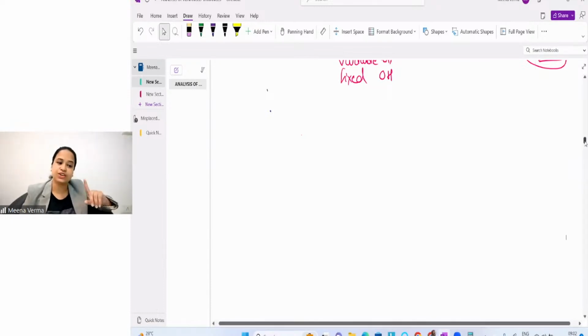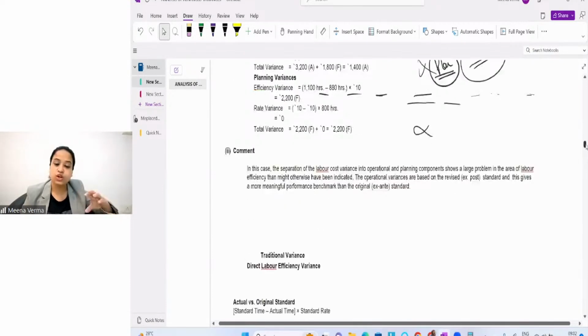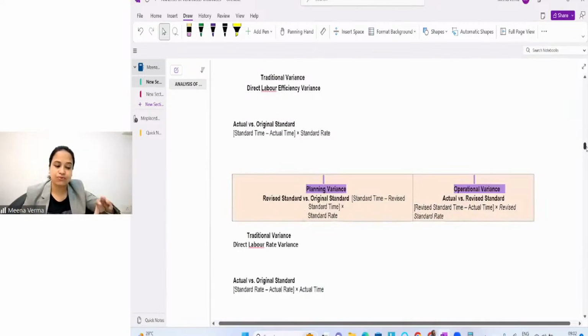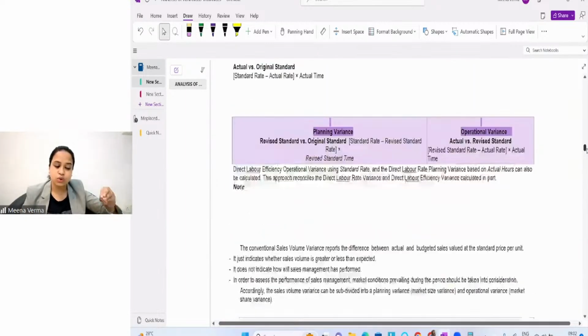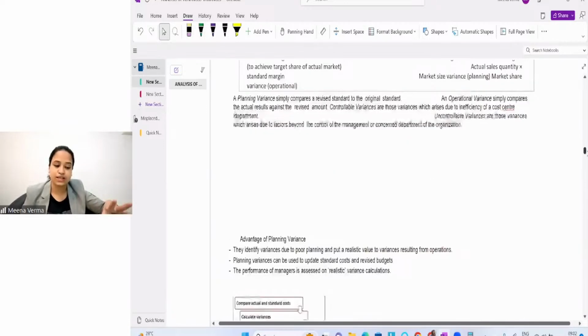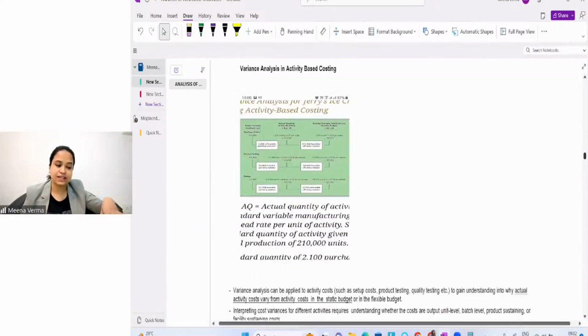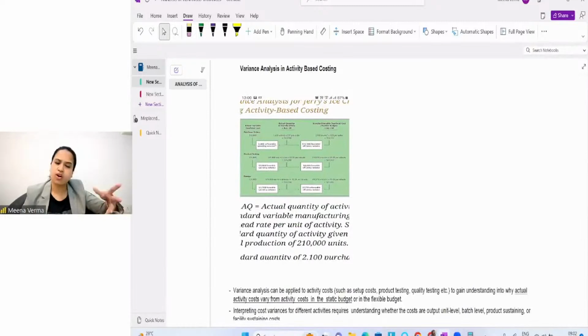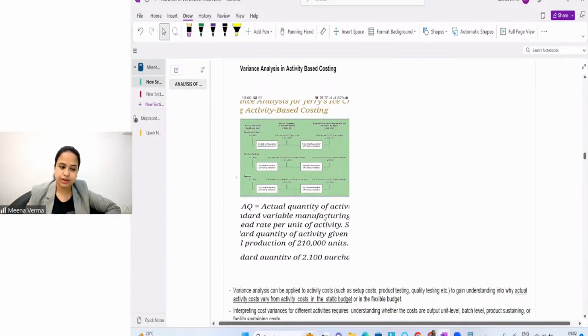And this is the same traditional variation we studied, but in more detail, where we are further classifying the same traditional variation into operational variation and planning variation so that we can exactly identify how much mistake is whose, who is responsible to what extent. So we can easily identify the responsibility of the people and accordingly we can see the scope of improvement. Simple, right? Simple. Okay.